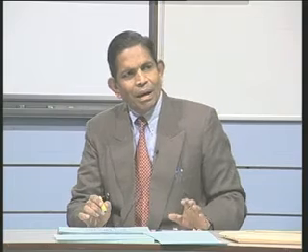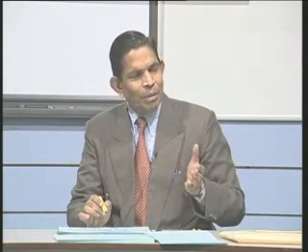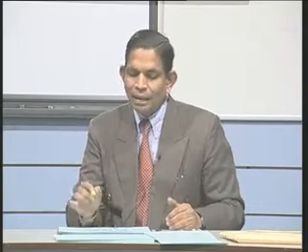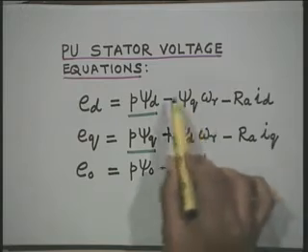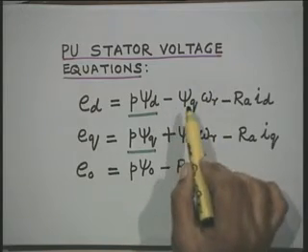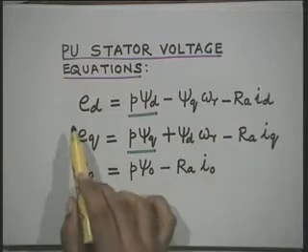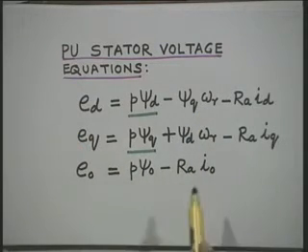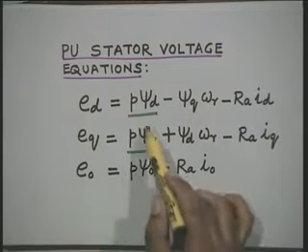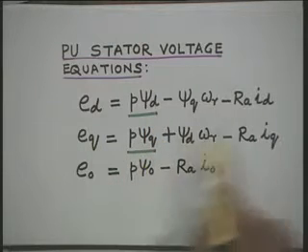Earlier I talked about these equations and mentioned that these transformer voltage terms are smaller as compared to the speed voltage terms. But if you see these stator circuit equations, only because of these transformer voltage terms, these equations are differential equations.